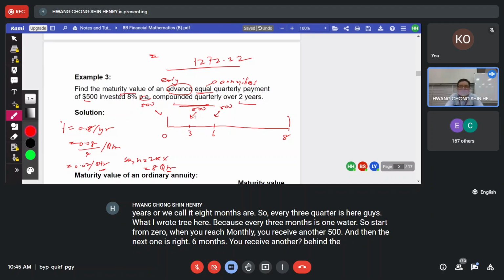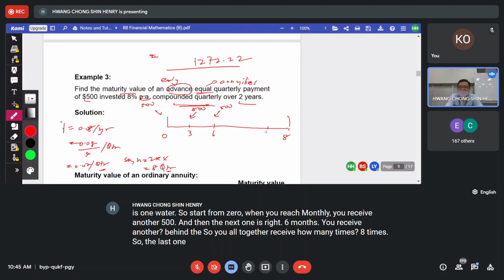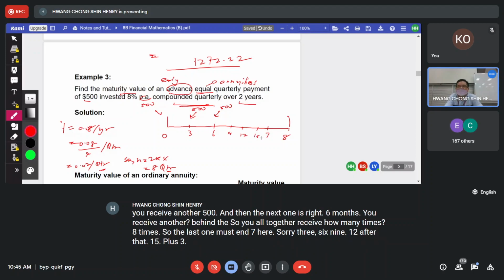So altogether you receive how many times? 8 times. So 3, 6, 9, 12. After that, 15, plus 3, 18, right? 3, 3, 3 lah. 12, 15, 18, and the last one is what?